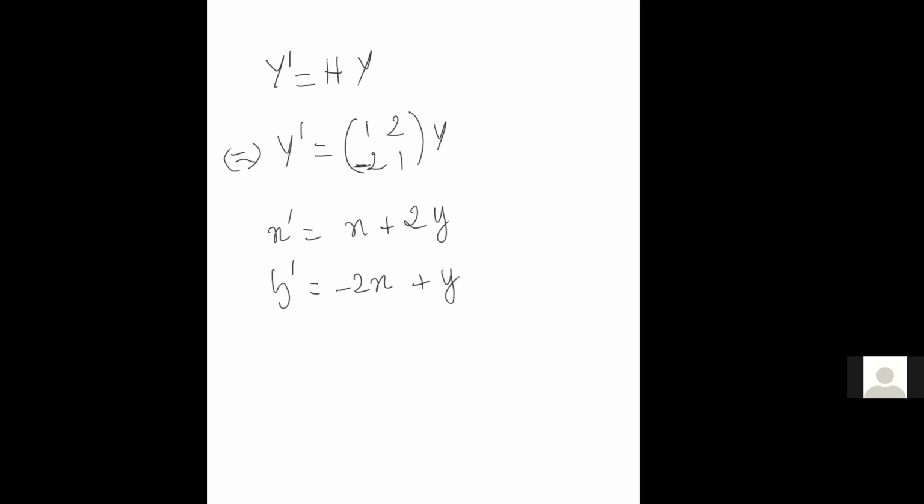So it will be simpler to write it in the complex way. So I will write here x plus i y prime by summing up the two lines, where before I multiply the second line by i. So I get x plus 2y plus i times minus 2x plus y.